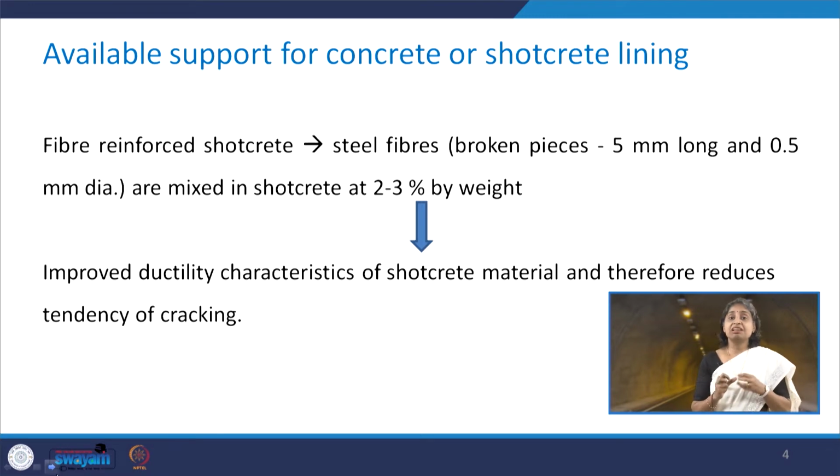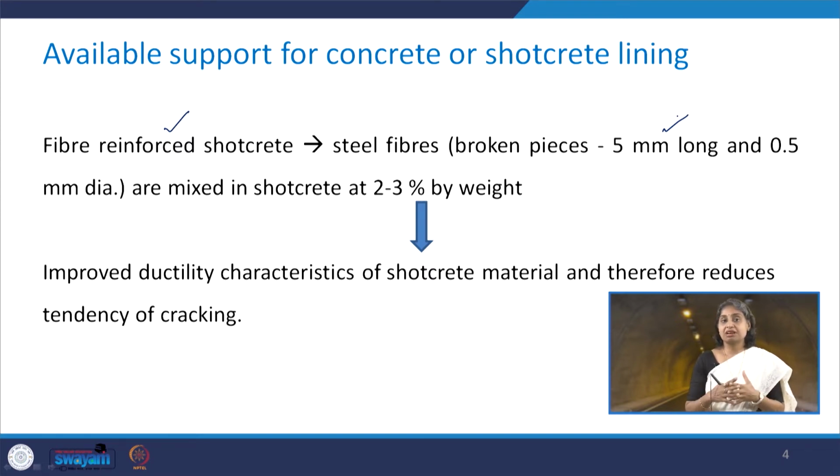Sometimes steel fibers are mixed in the shotcrete at 2 to 3% of the weight. This is called fiber reinforced shotcrete. These steel fibers are basically broken pieces which are 5 millimeter long and 0.5 millimeter in diameter.